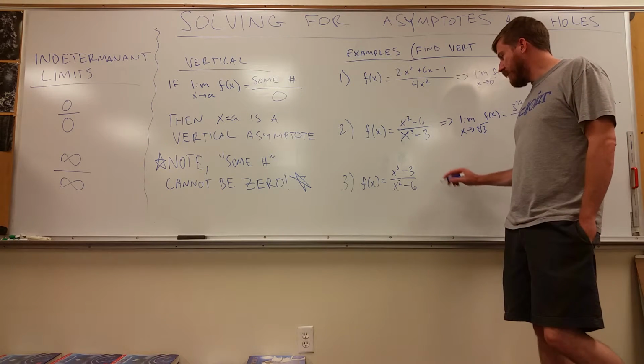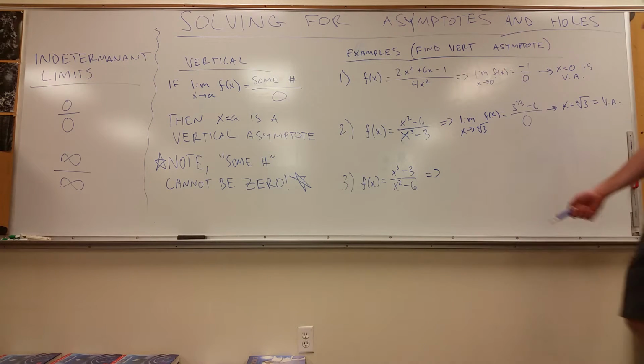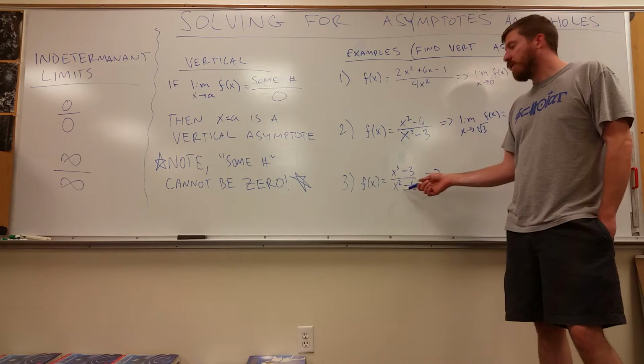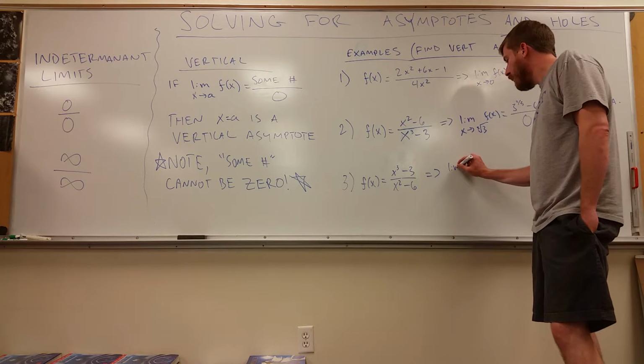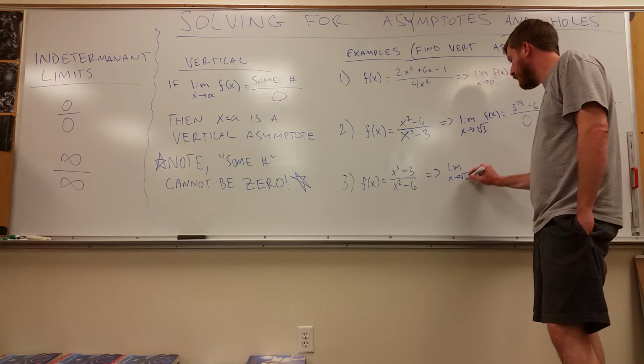All right, so try this one down here. You'll ask, what makes the denominator equal to 0? Well, the answer is the square root of 6. So here we would have the limit as x goes to the square root of 6.